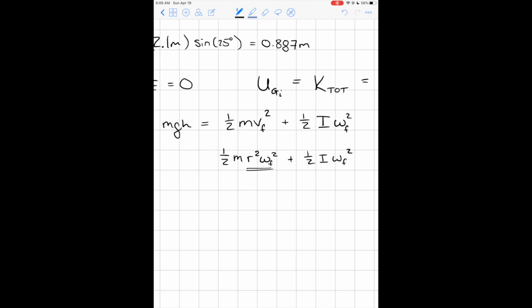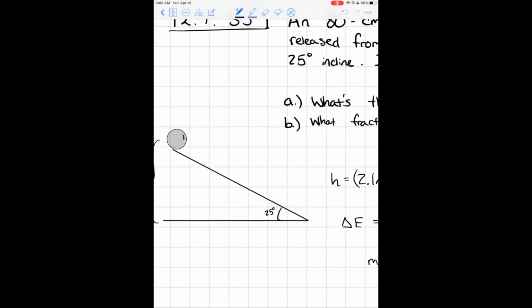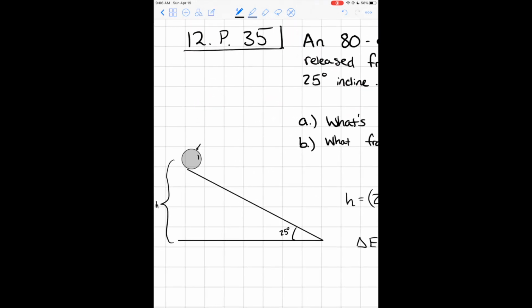In my notes, I point this out. I haven't pointed this out explicitly in lecture because it doesn't really come up a whole heck of a lot, but where we are on our rotating sphere or cylinder matters when we're taking into consideration this conversion from v into omega. At the tippy top of the sphere, I'm actually going to be twice the translational speed, or the speed of the center of mass.